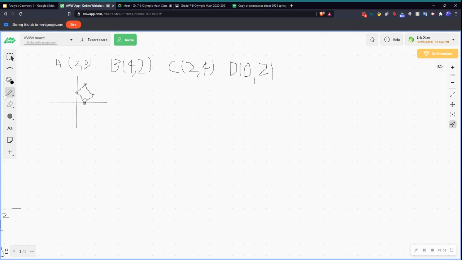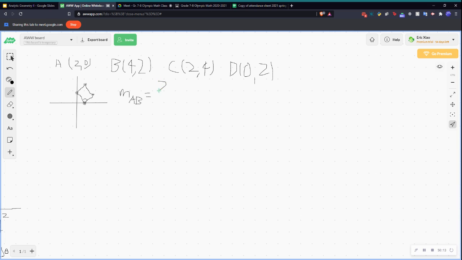Okay, so now let's actually try to prove this. We have (2, 0) and (4, 2). Let's find the slope and distance between those 2 points. And we're going to do the same thing for the other pairs of points as well. So we want to find the slope of AB.